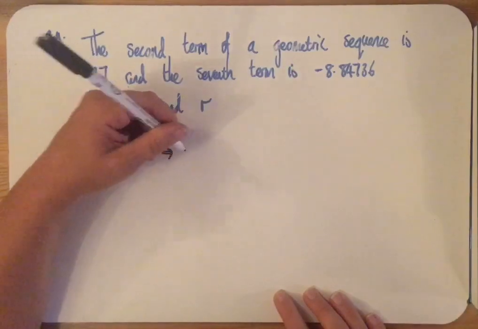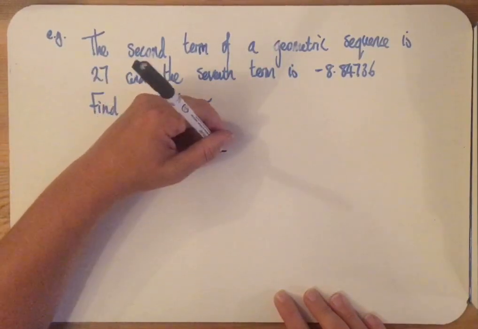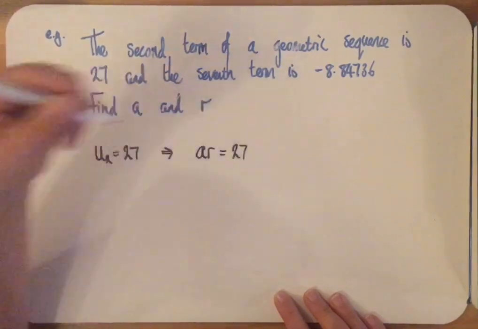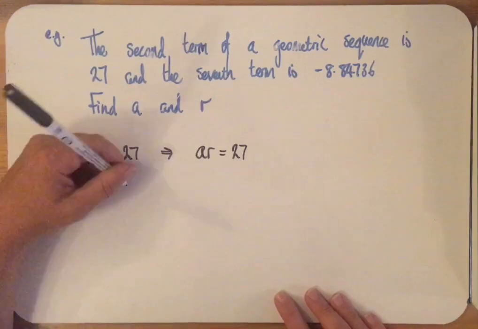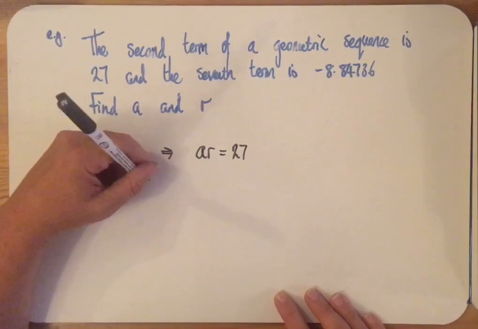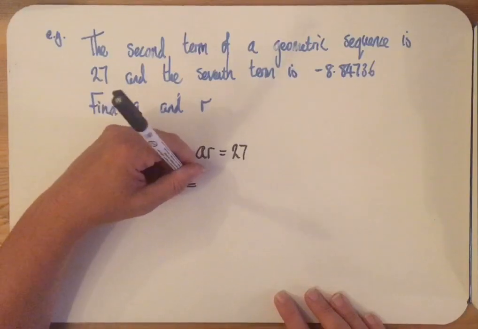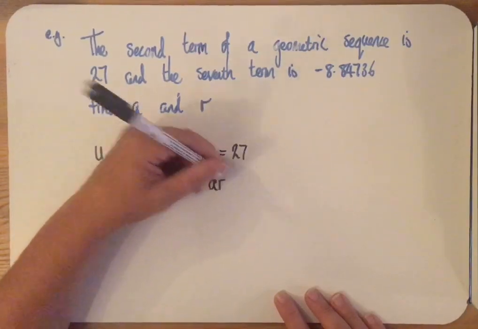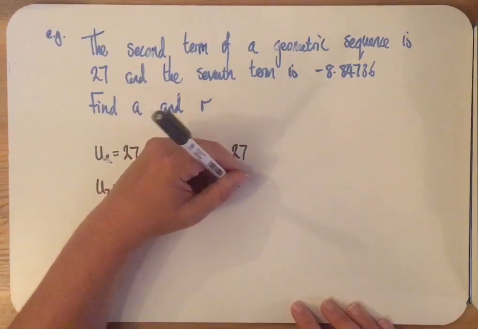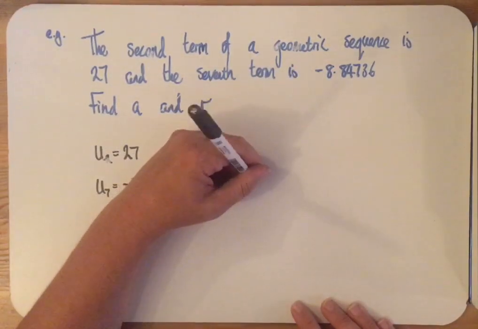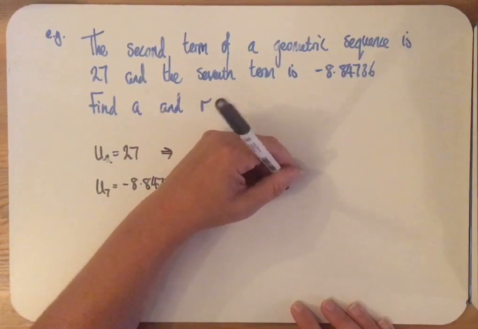So the second term, ar^(n-1), so ar equals 27, and the 7th term, ar^6, is equal to that. I think the numbers got slightly too awkward, but never mind.